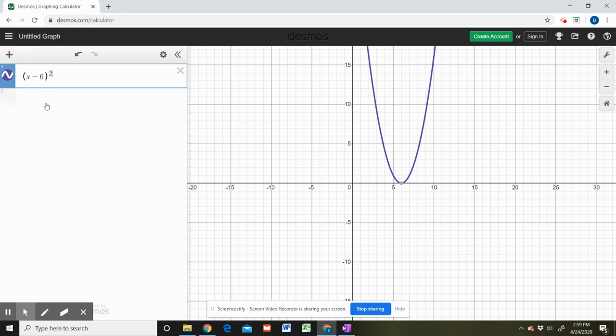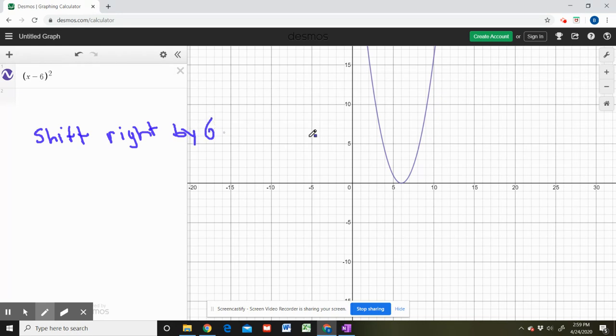So x minus 6 squared, if I want to shift to the right by 6, okay, I'm going to shift to the right by 6. What's my equation going to be? So y is equal to what? All right, so try that one, and then we'll move on to something else.